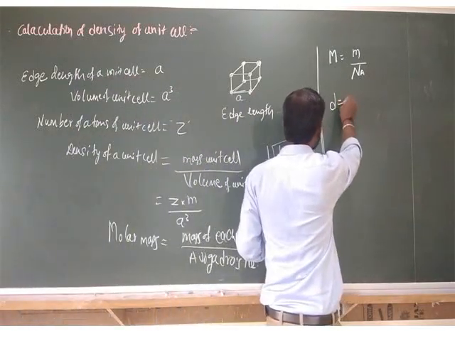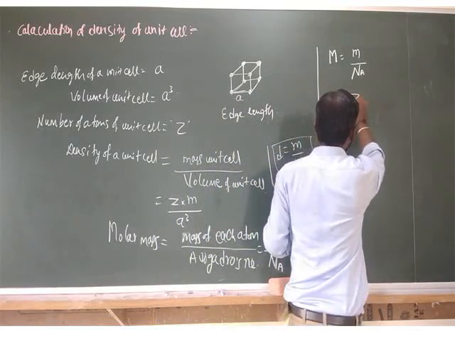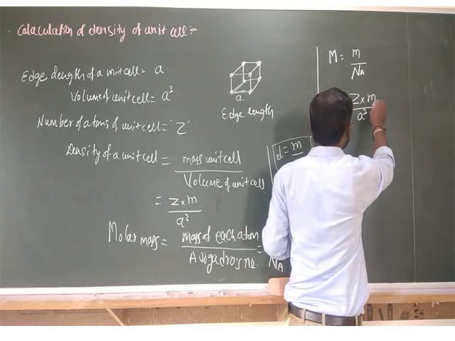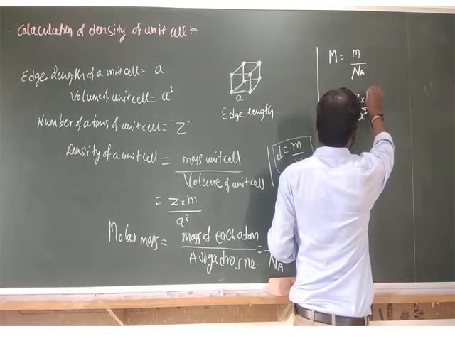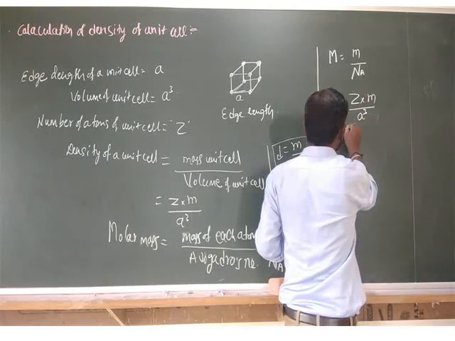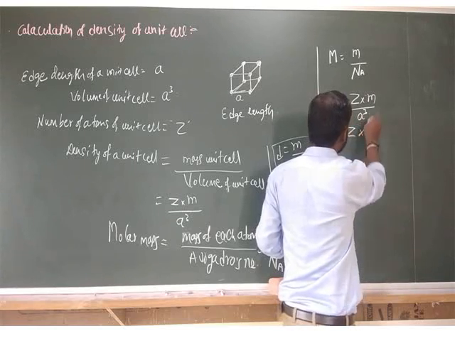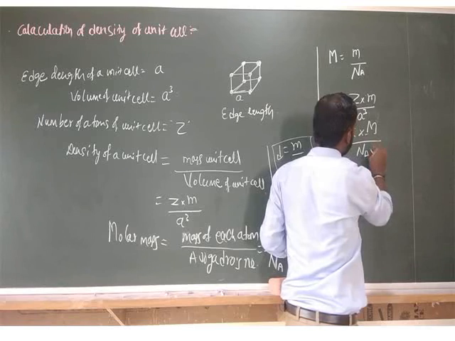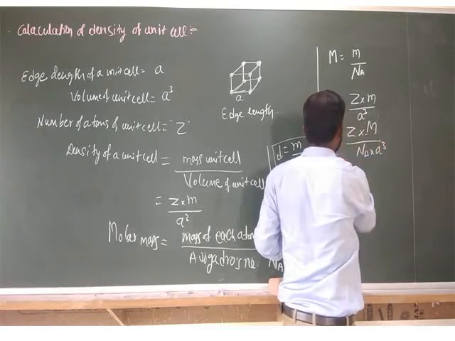Therefore, density D is equal to Z into m whole divided by a cube. So D is equal to Z into capital M divided by Na into a cube.